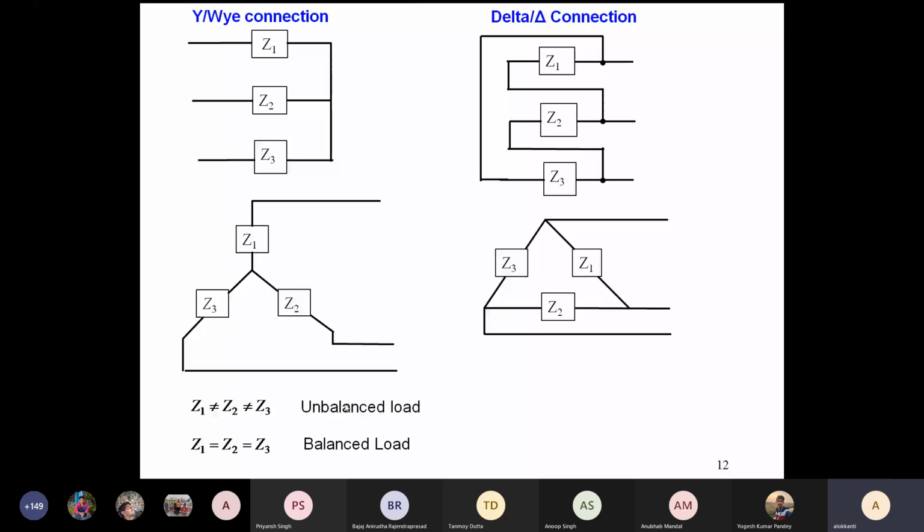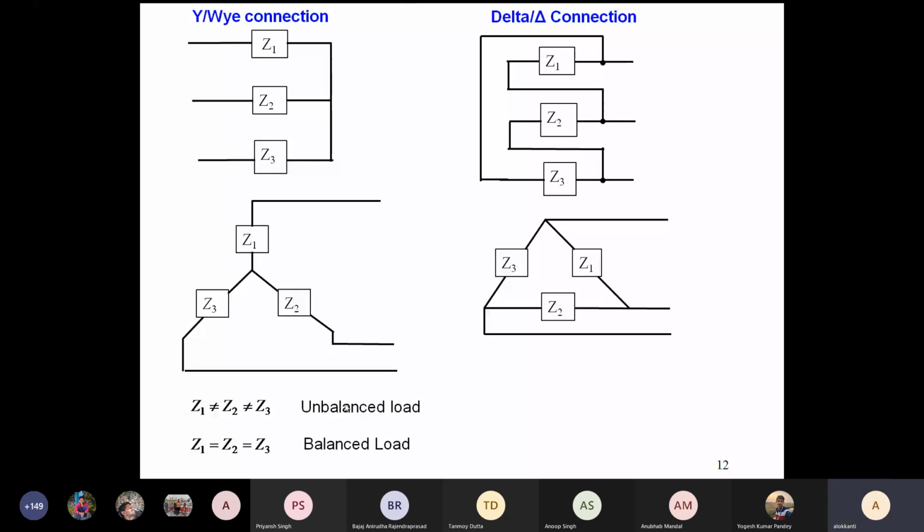I'm just giving the example of 3 wings, and each wing will have different types of consumers. Not all wings will be consuming the same electricity at the same time. So obviously, the impedances in the 3 wings will be different. But if it is somehow made possible artificially to keep the impedances the same, then it is known as the balanced load.